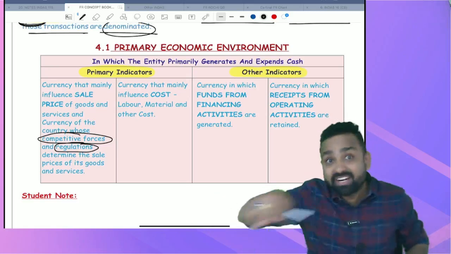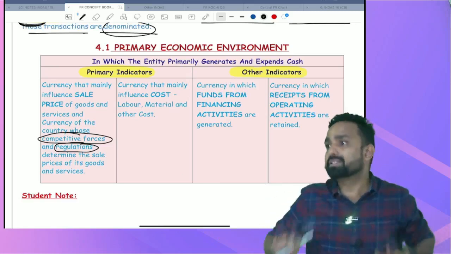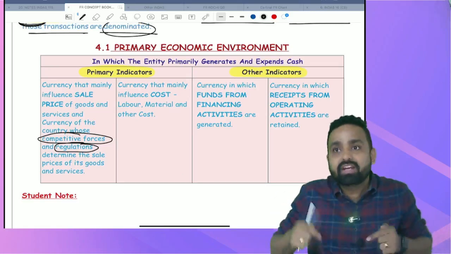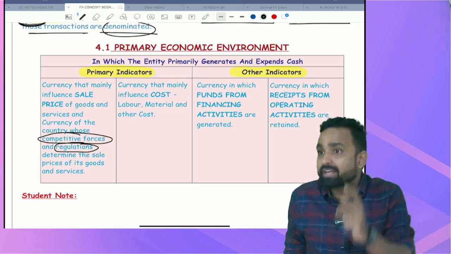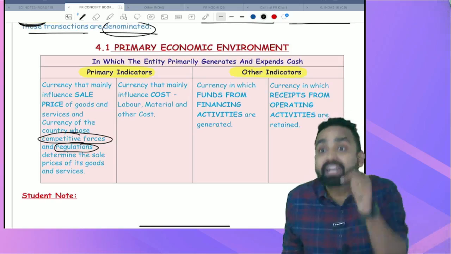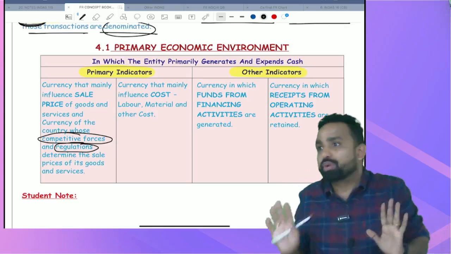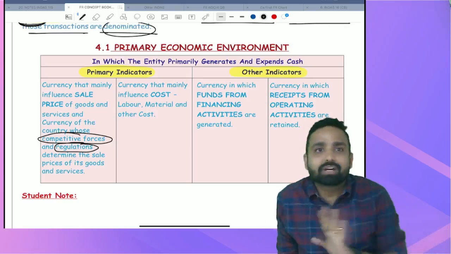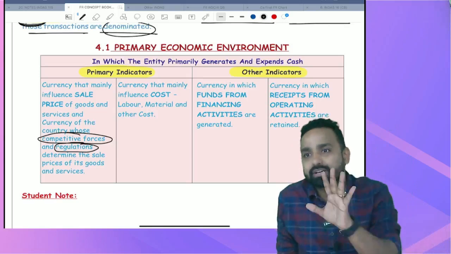As far as Indian business is concerned, their Indian business is affected by Indian regulations heavily. So they have to consider Indian currency as their functional currency for the Indian operation only. I am not saying that for the entire operation. I am just saying for the Indian operation, they have to take Indian currency.